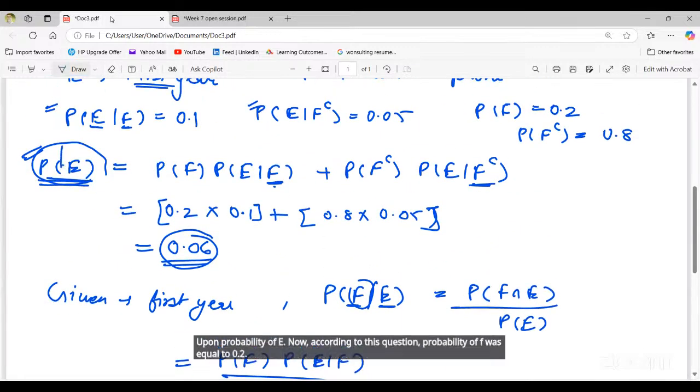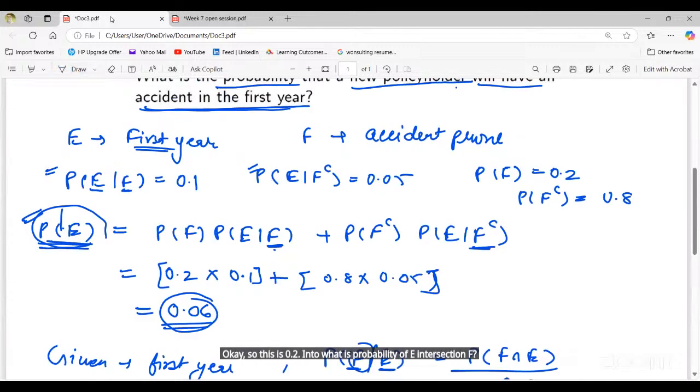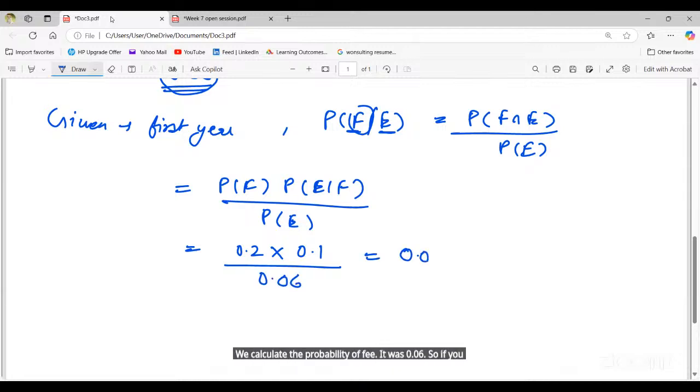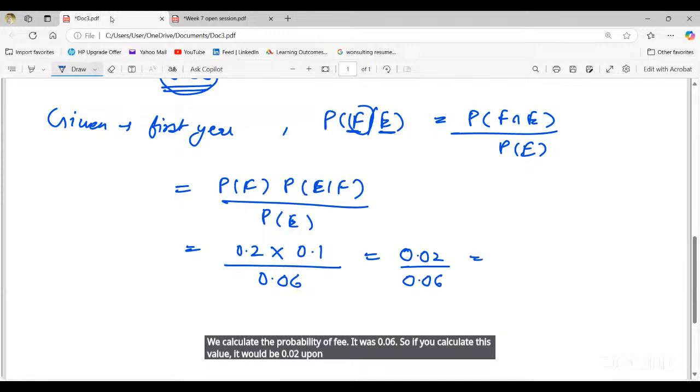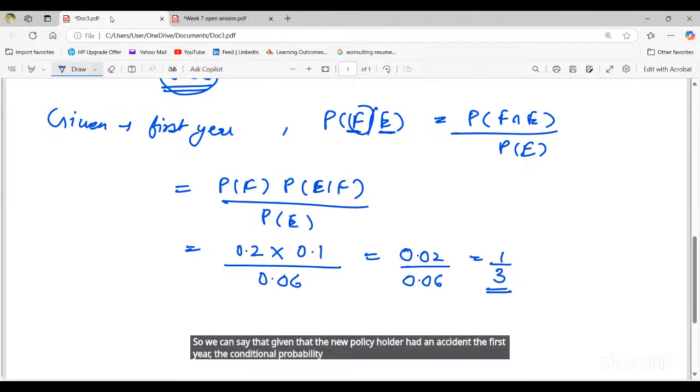So this is 0.2 into the probability of E intersection F, which was 0.1, upon the probability of E that we calculated, which was 0.06. If you calculate this value, it would be 0.02 upon 0.06, which is equal to 1/3. So given that the new policy holder had an accident the first year, the conditional probability that the policy holder is accident prone is equal to 1/3.